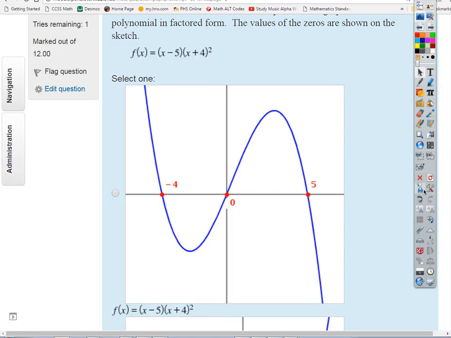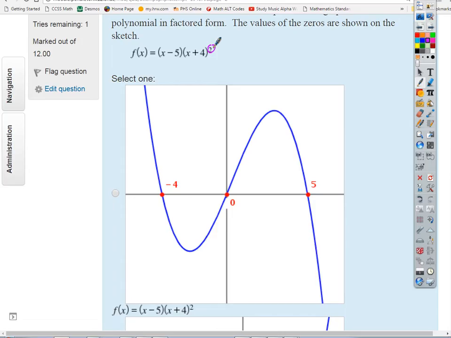X equals 5 and -4. And it is going to be cubic, right? So we don't know if this is the right answer, but we know we've got to have x-intercepts at -5 and 4. But what did we decide happened if that factor was being squared?